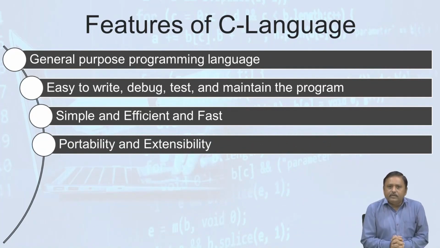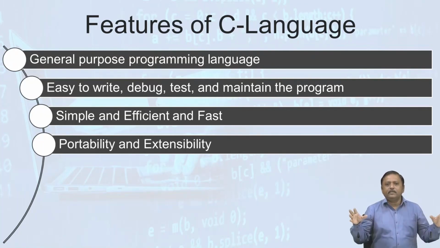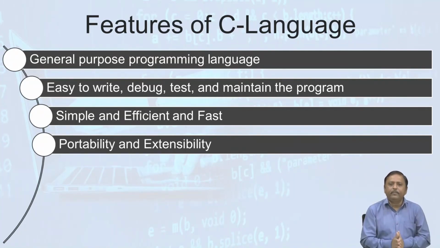Then C language provides portability and extensibility. Now what is portability? If you write program for one computer and if it runs on another computer without any changes, then program is said to be portable. So C programs are considered as portable. That means it runs across different computers without any modification.